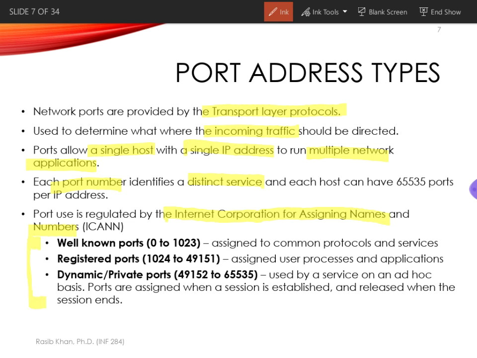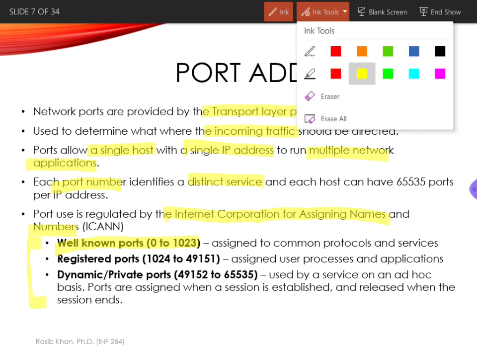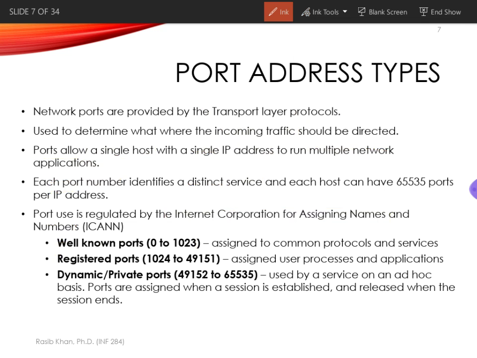First, we refer to what we call the well-known ports. They range from 0 to 1023. Do note that all hosts which are a part of the network will have these regulations applied to them. And this is a standard that we try to follow. So the well-known ports range from 0 to 1023, and these are assigned to common protocols and services which are basically standardized.